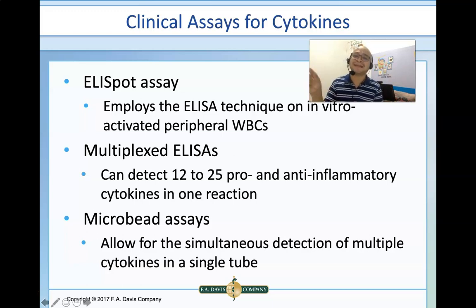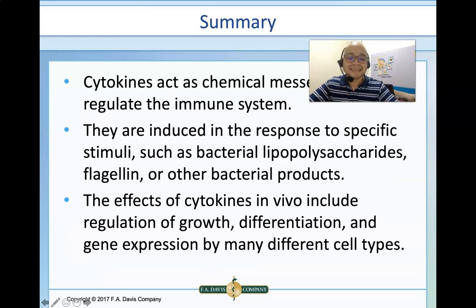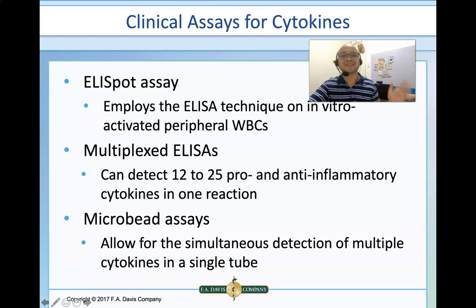Multiplex means that it can detect simultaneously about 12 to 25 pro and anti-inflammatory cytokines in one reaction. And then some would utilize the microbead assays, which allow for the simultaneous detection of multiple cytokines in a single tube. And that's the end of our discussion for cytokines.